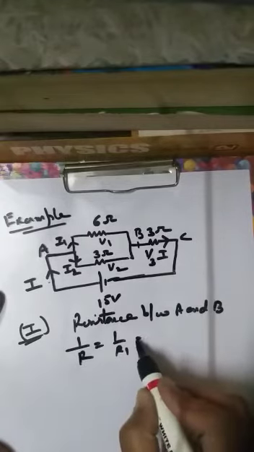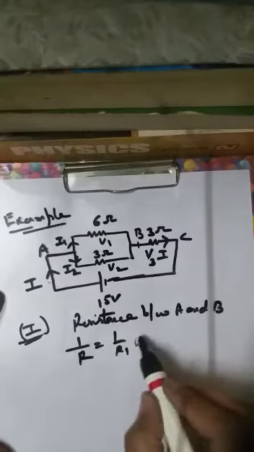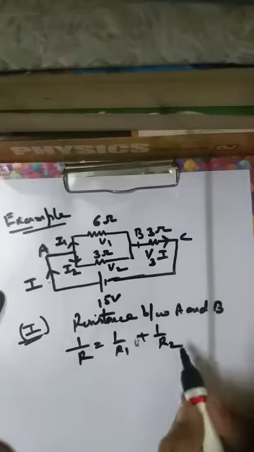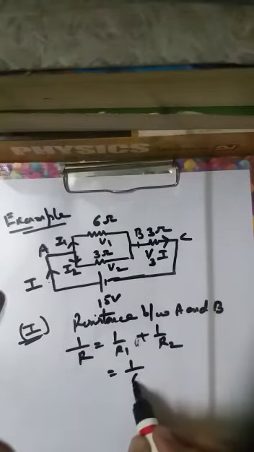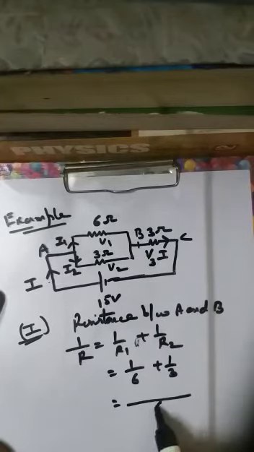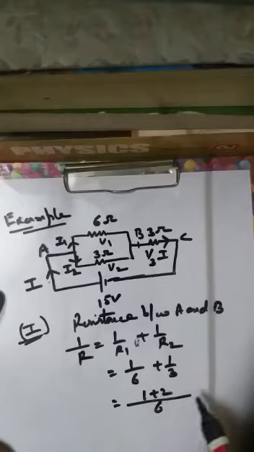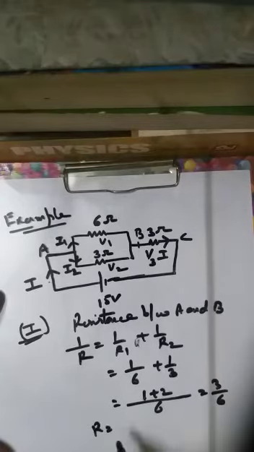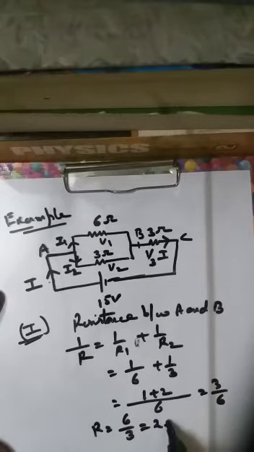1 upon R is equal to 1 upon R1 plus 1 upon R2. 1 upon 6 plus 1 upon 3. 6 is there, 1 plus 2, 3 upon 6, R is equal to 6 by 3 is equal to 2 ohm.